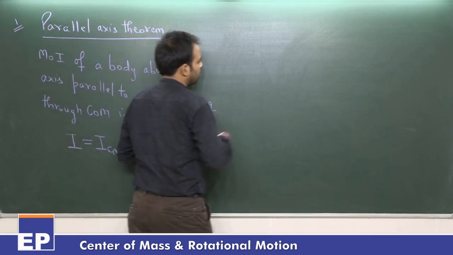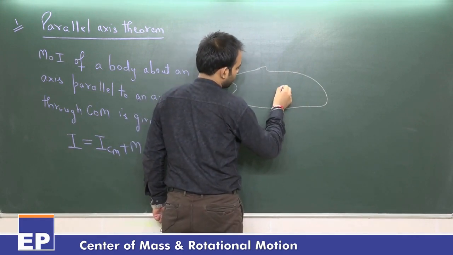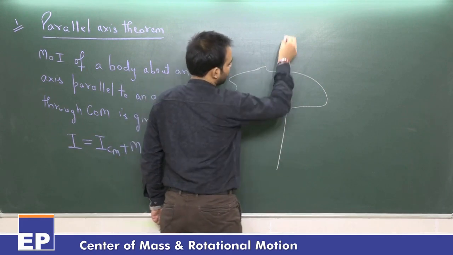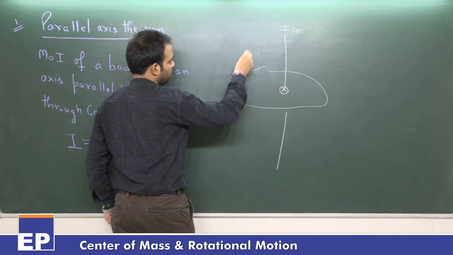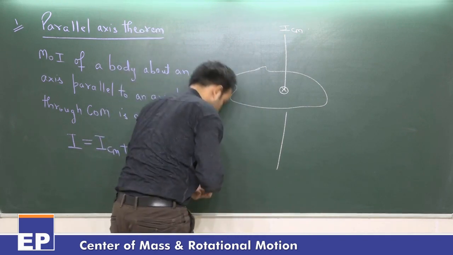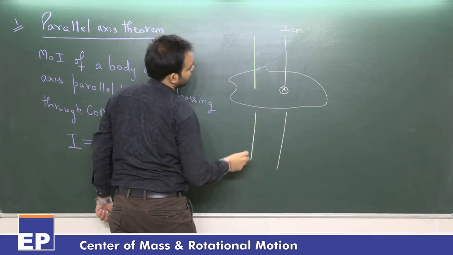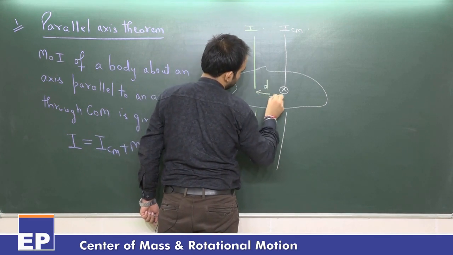Yes, let's suppose this is the body, this is its center of mass, this is the axis passing through center of mass, that is the ICM. And you can see this is the axis which is parallel to this. This is I, and the distance of separation between them is d.